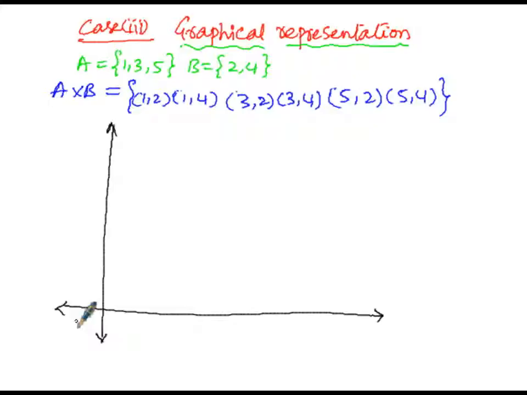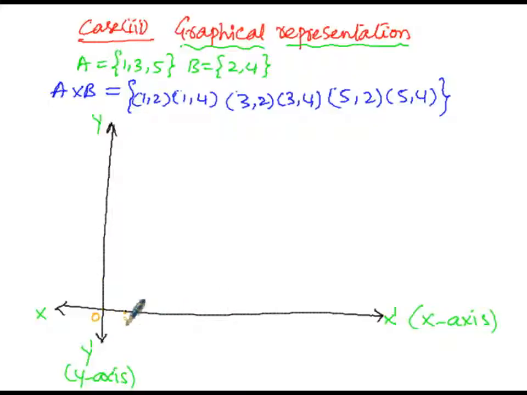Say the horizontal axis I am going to denote by x dash, which is nothing but the x axis, and the vertical axis y dash, which is nothing but the y axis. But now say here on the x axis we are going to take the elements of A, so 1, 3, 5. So here this is 0, 0, the point of intersection of both the axes x and y, so it is the origin.